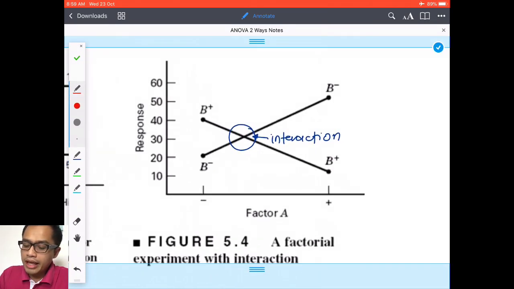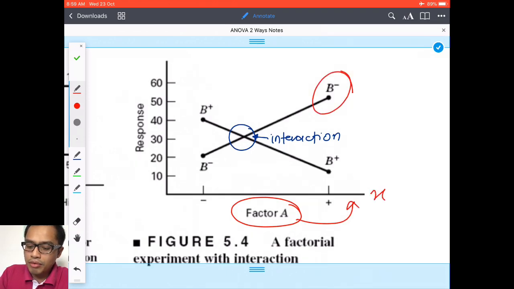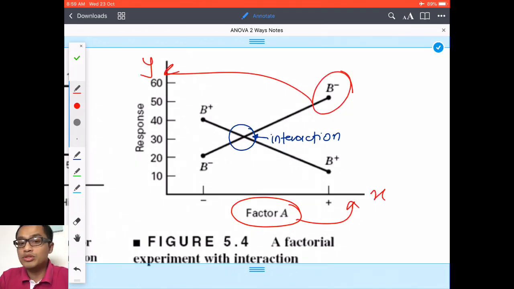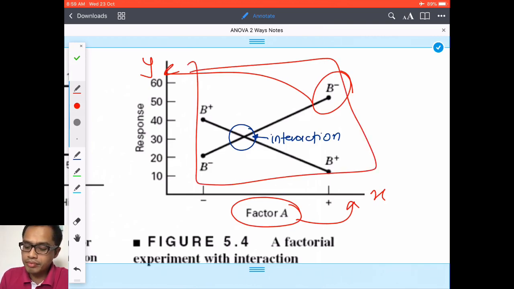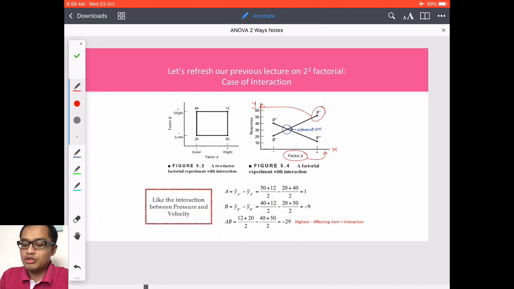You can plot A on the X axis and B for Y. You can also plot the other way around, B on the X axis, A in the response part. This is the response part. Doesn't matter. So you have a cross there, that means there is interaction.